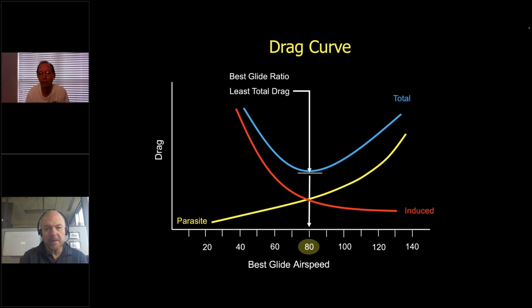Now, that is what I would refer to as the aerodynamic best glide airspeed, meaning that's your best glide within the air mass that you're flying in. We're going to talk a little bit more about what I refer to as the geographic best glide, because that's the one that really counts.